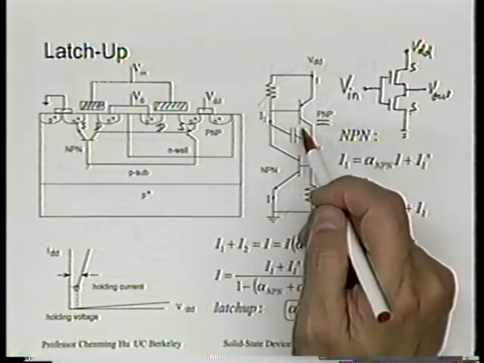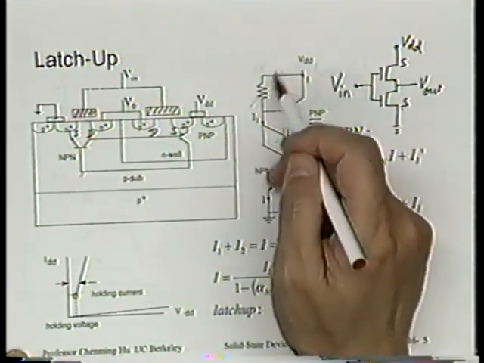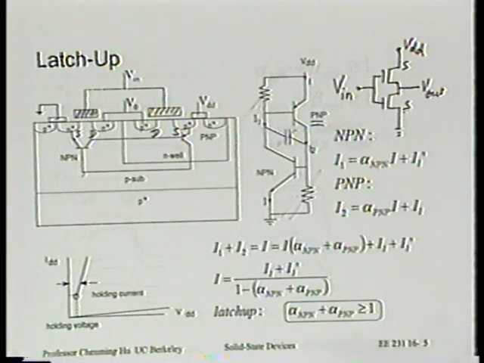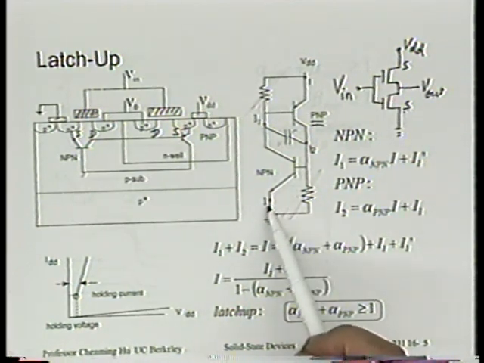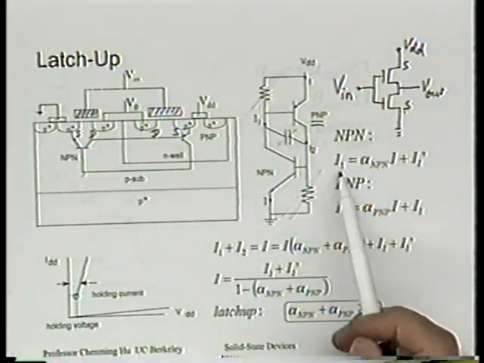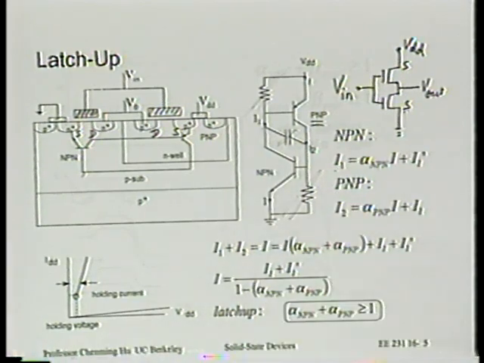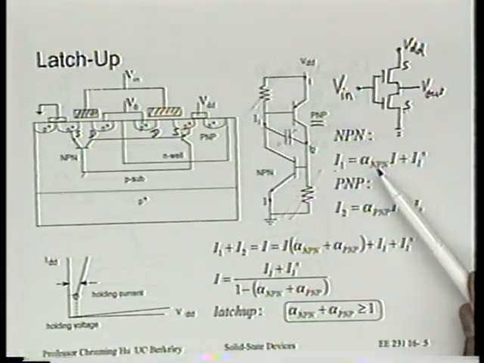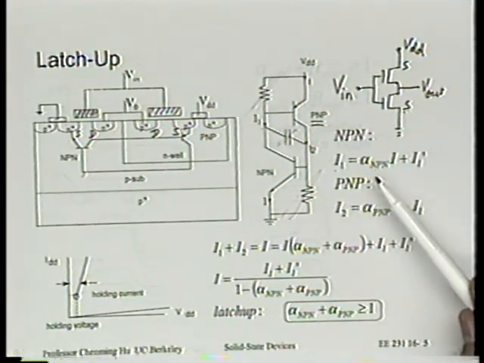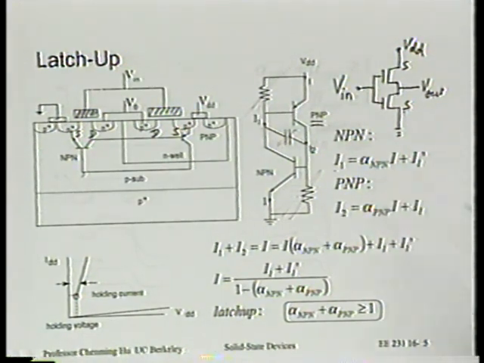So, the emitter current is I, and I times alpha gives us the collector current I1. That's the bipolar transistor behavior. Alpha is usually a very large number. Mostly you would think of this as 0.99, if not 0.99, at least 0.9.